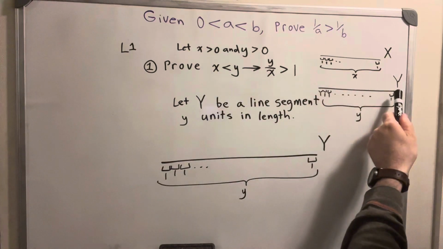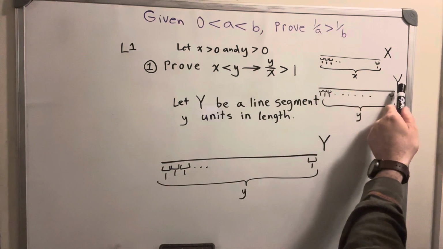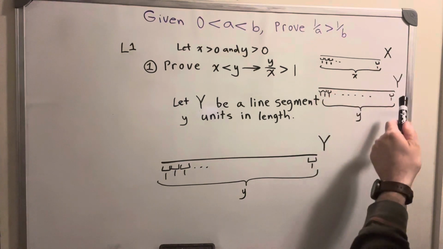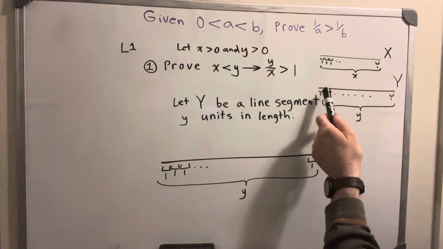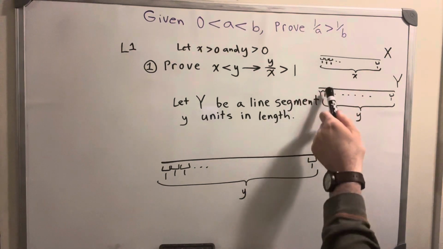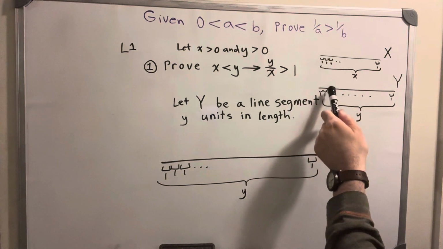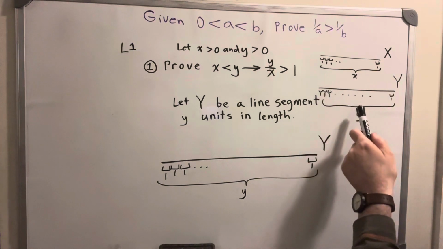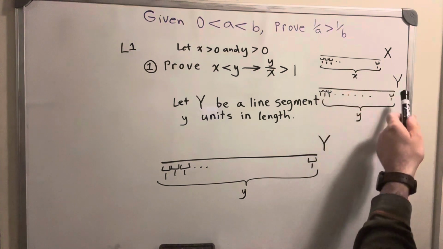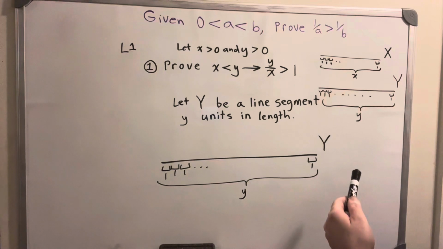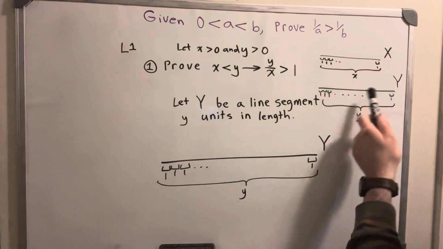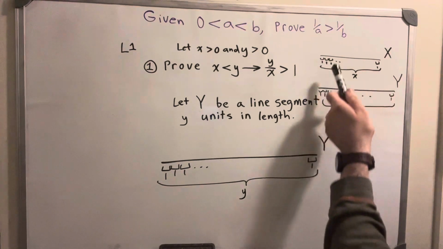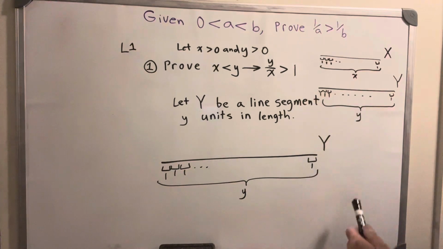So that's why I drew line segment y longer than line segment x, because there are more segments, and each of these segments is uniform, but in line segment y there are more of them, which is why line segment y is longer. And so now that we've established that we have this line segment with more units than this one, we'll move on to the next step.